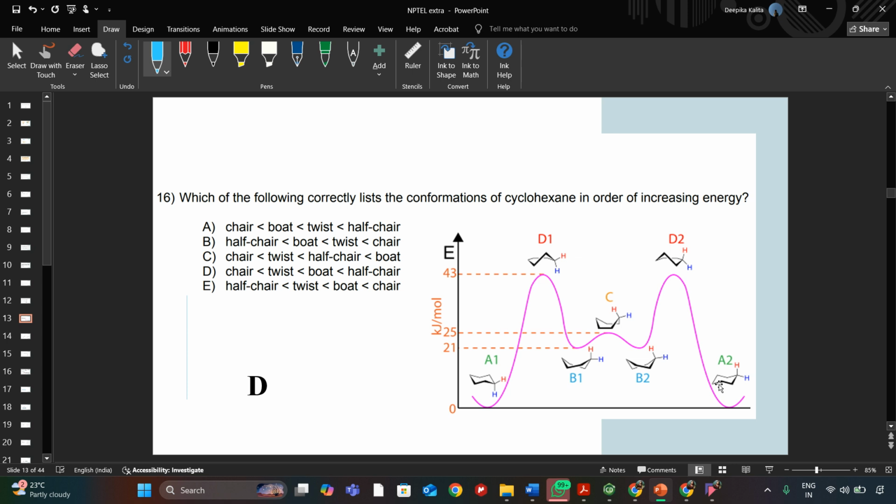As we move to higher energy, at 43 kilojoules per mole, we get the D1 and D2 positions, which have half chair like structures, which will have the highest amount of energy.